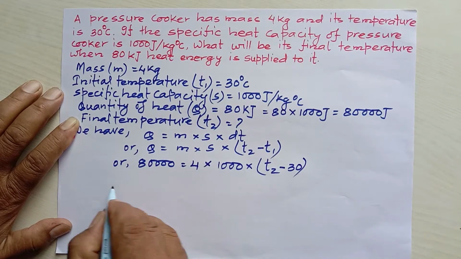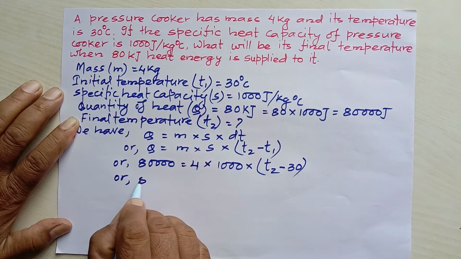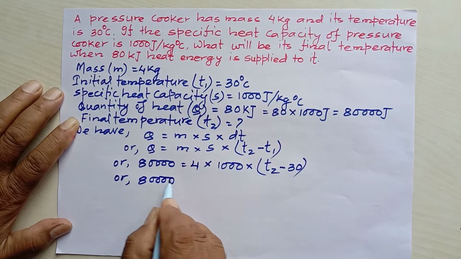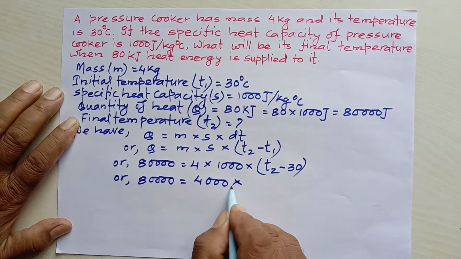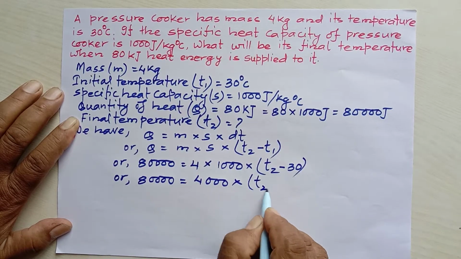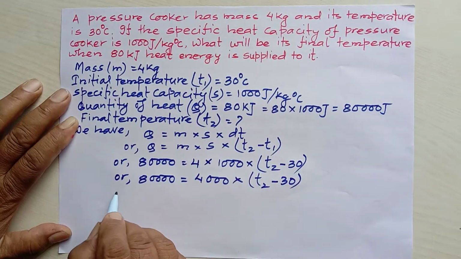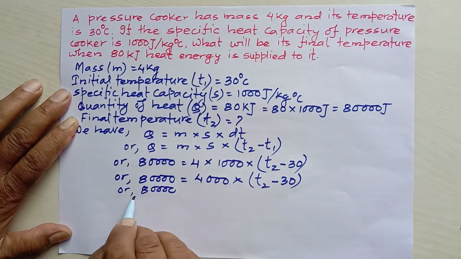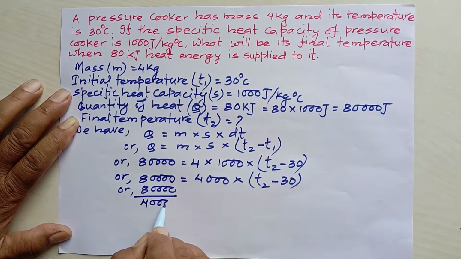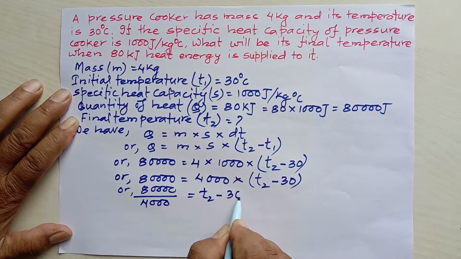Now the next step, now it's the matter of calculator only. Now 80,000 is equal to 4000 into T2 minus 30. Now if we take this 4000 to this side, then this is equal to T2 minus 30.